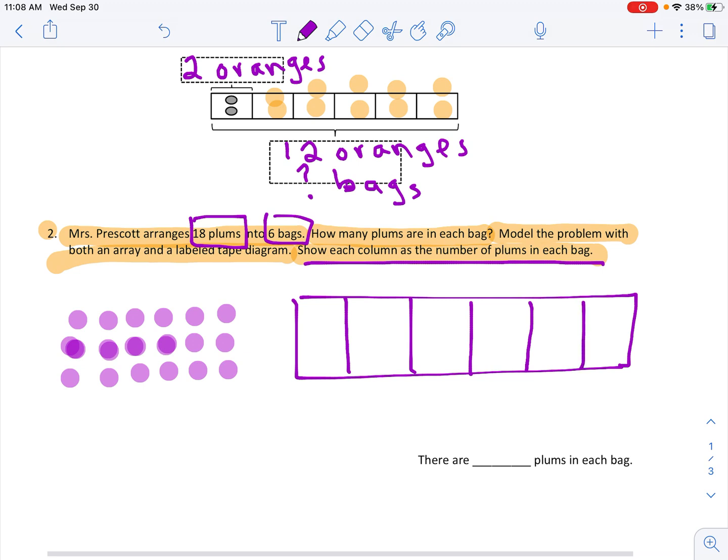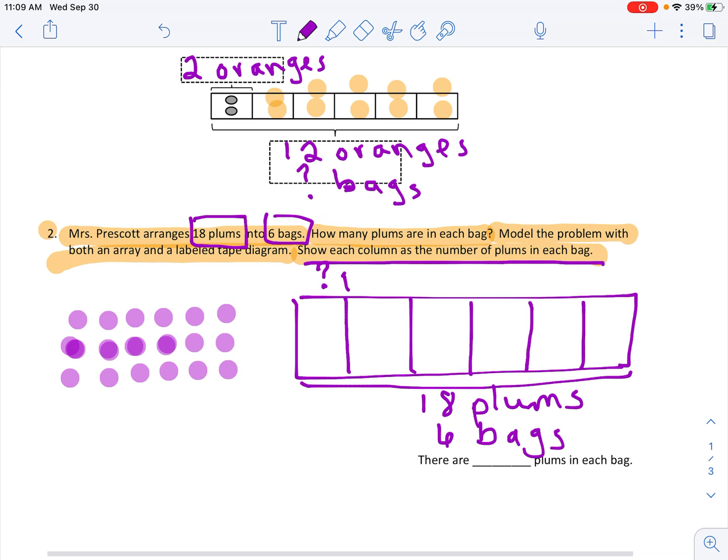Okay, so down here for what I knew, we had 18 plums, and I knew ahead of time that we had 6 bags. What I didn't know up here, that was the question mark, was how many plums were going to be in each bag. So my tape diagram is a little bit different.